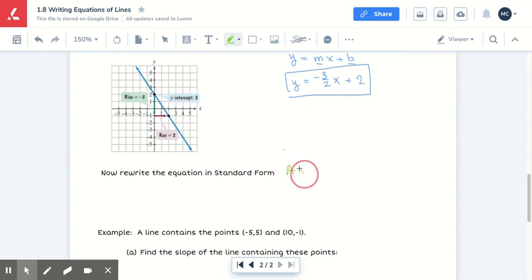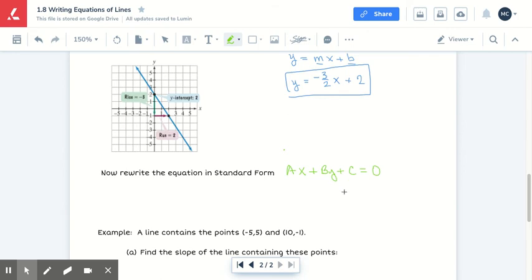So standard form looks like this: ax plus by plus c equals 0. And I need to make this equation look like that one.